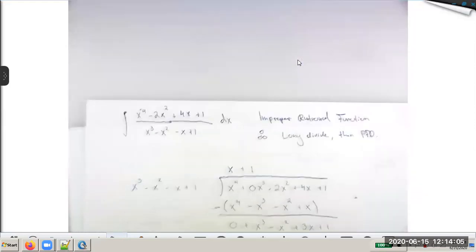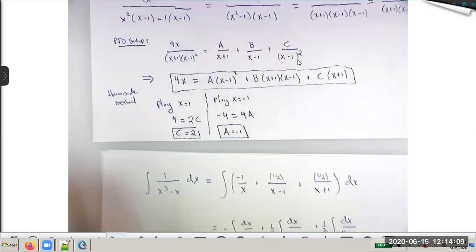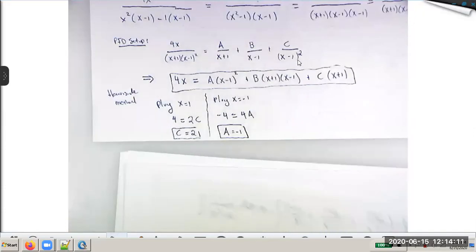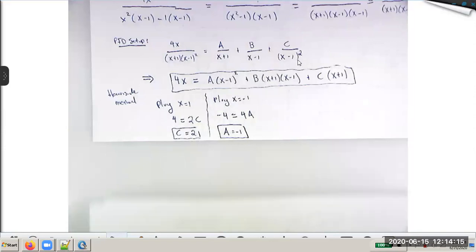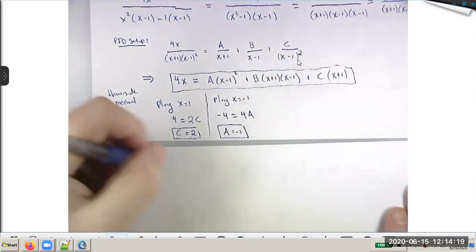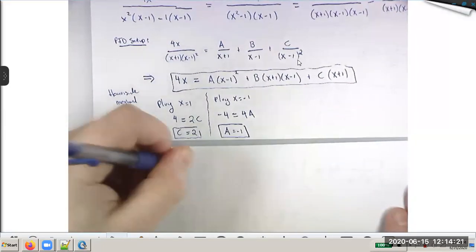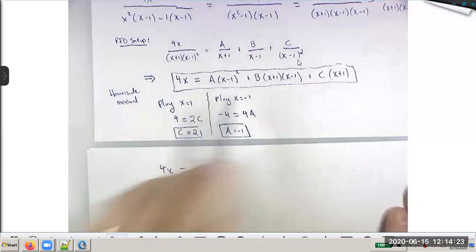So now I'm going to update that equation. I now have 4x equals a times x minus 1 squared.